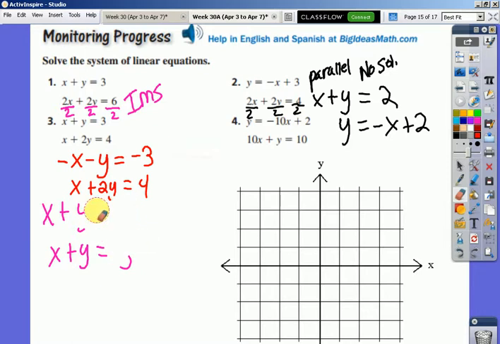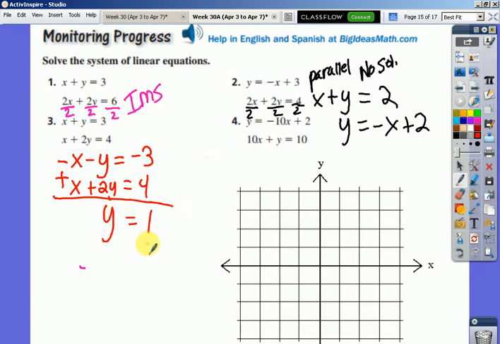Then we just add straight down. So let's do that. We have -y and 2y, which make y equals what? Okay, and then I plug it in, and what do I get for x?